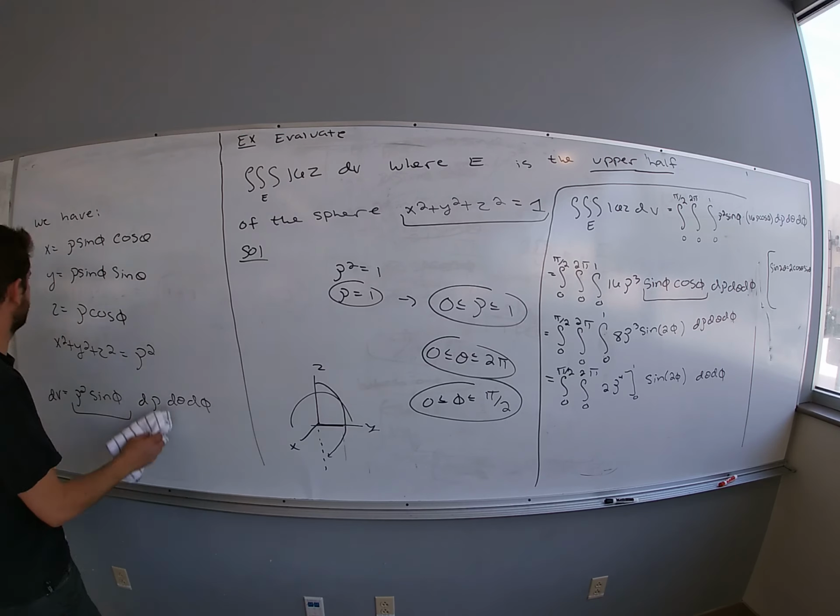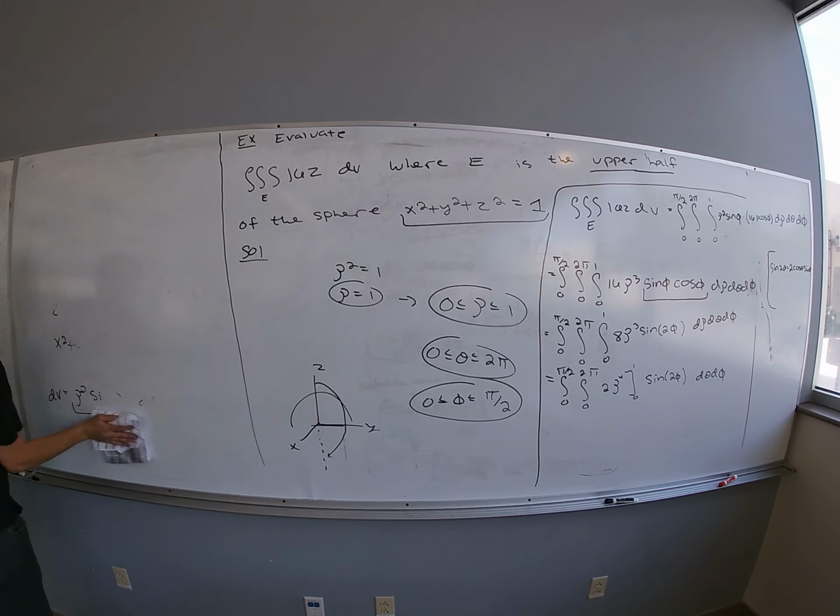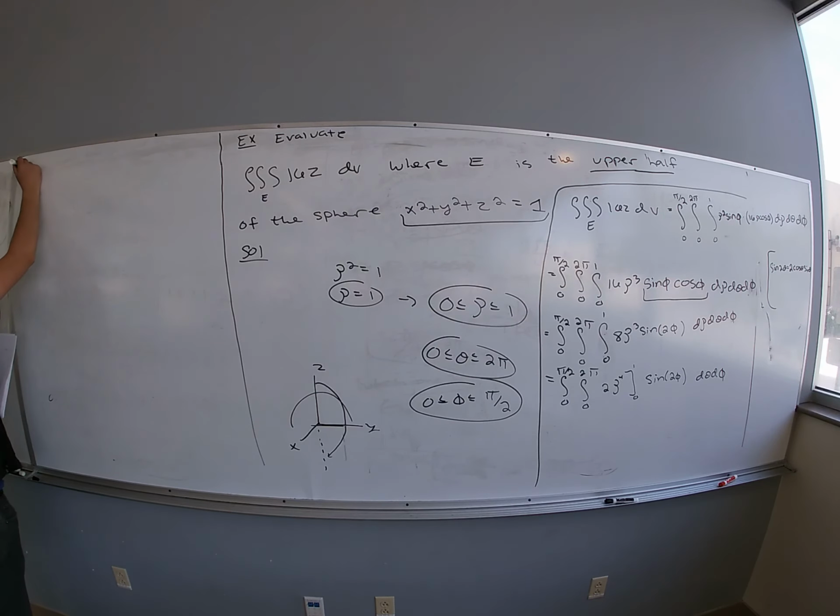I guess I haven't used this, but I need to erase it. Let's continue this. Equals. Have I plugged in yet? No. Integral from 0 to pi over 2. Integral from 0 to 2 pi.